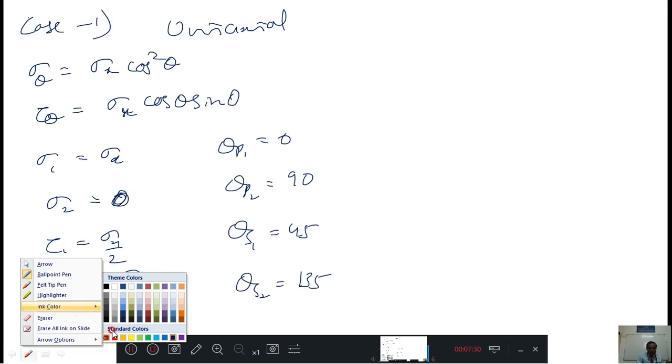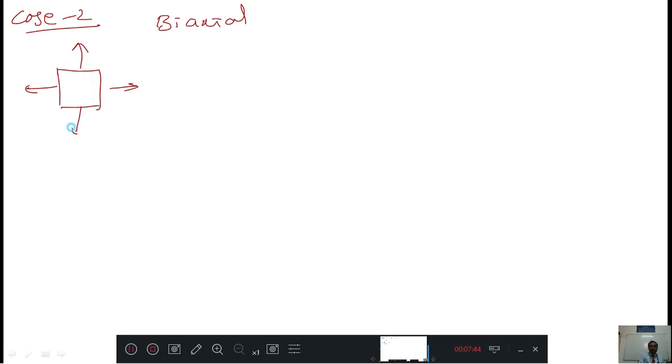Case 2 is your biaxial stress system. Biaxial means if a point is like this, only sigma x and sigma y will be there. Sigma x is there, sigma y is there. Then what is not there? Tau xy is not given, therefore 0.